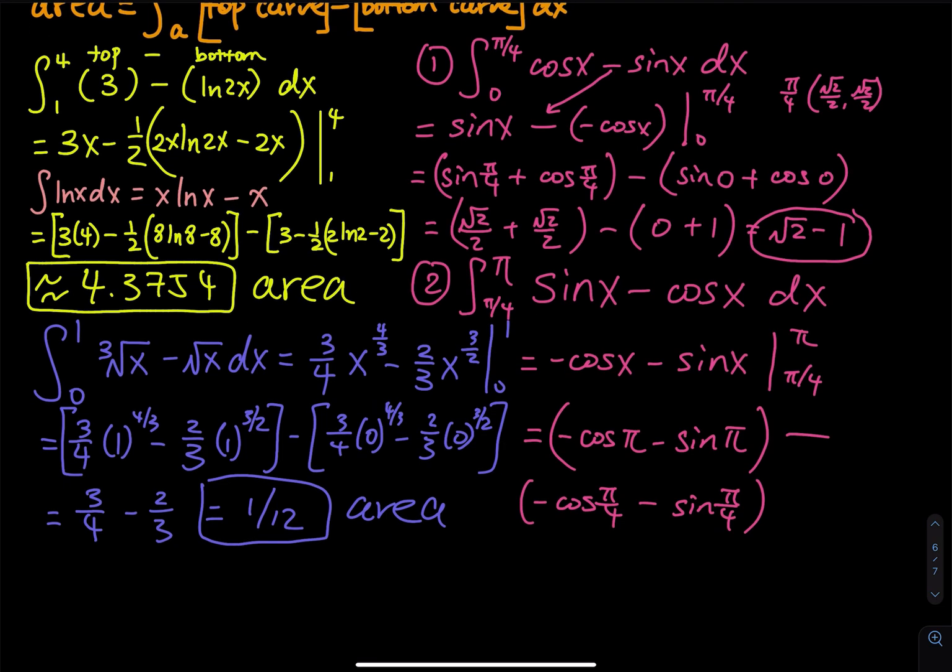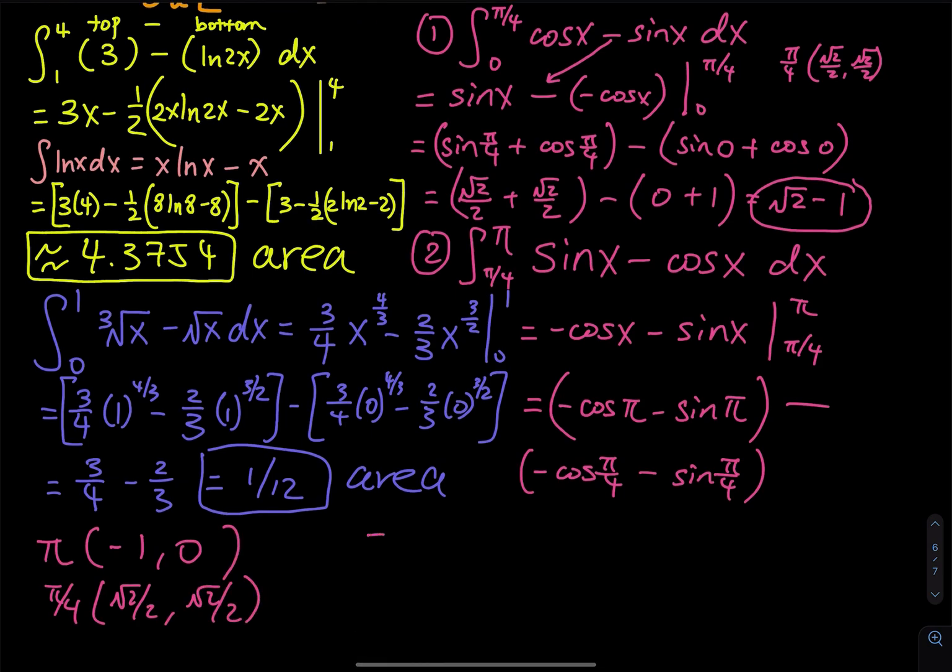Okay, what is cosine of pi? In case you don't remember your unit circle, at pi, what do we have? 180 degrees. x is equal to negative 1, y is equal to 0. At pi over 4, we have root 2 over 2, comma root 2 over 2. This is from your unit circle. So cosine of pi is equal to -1, so minus -1, and then sine of pi is equal to 0, so you are subtracting a 0, and then minus, so these are just -√2/2, right?